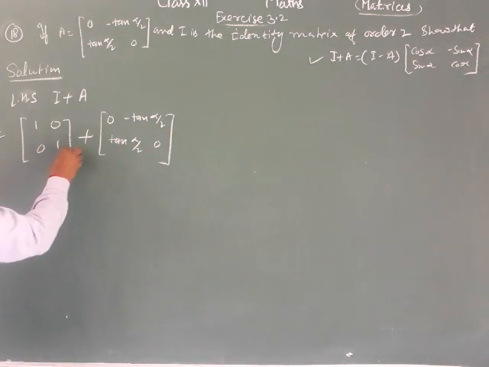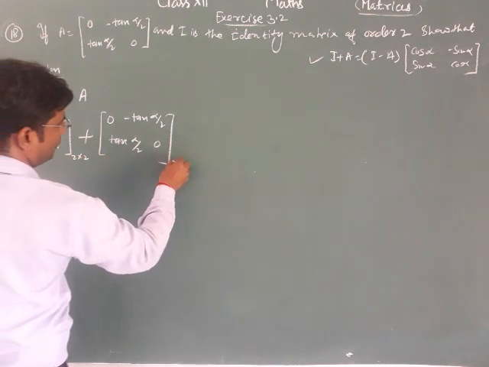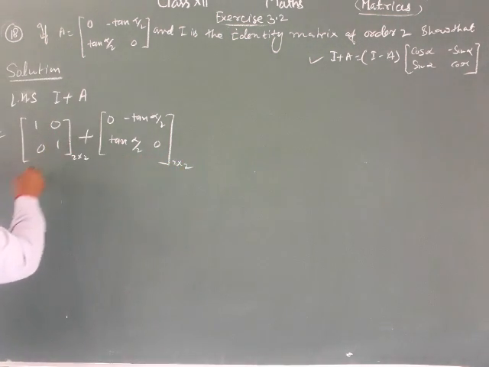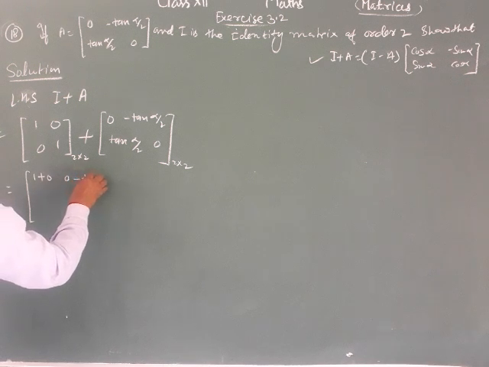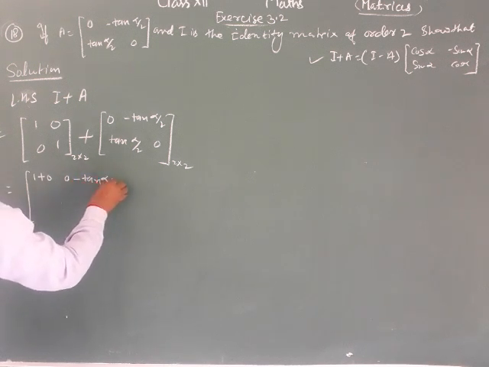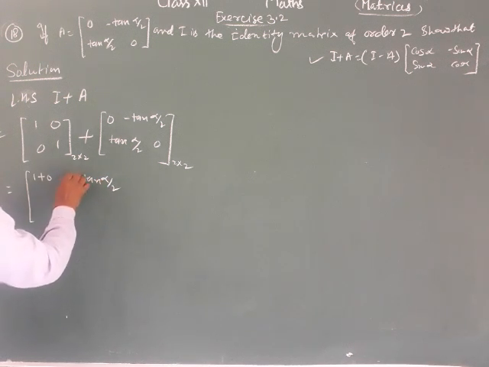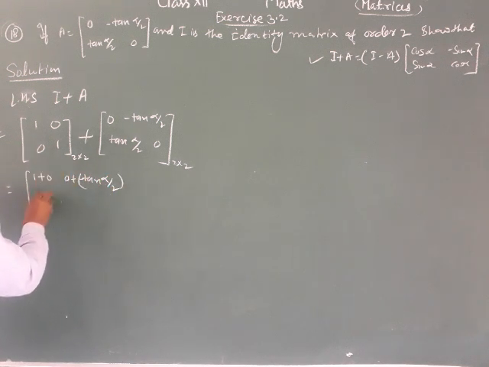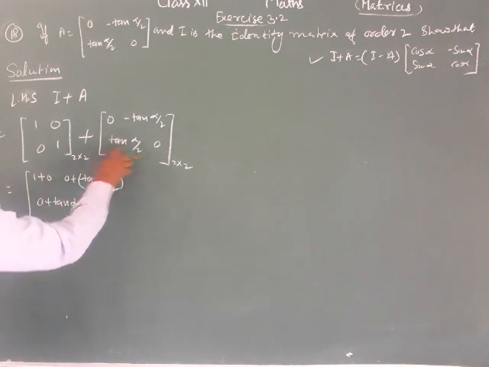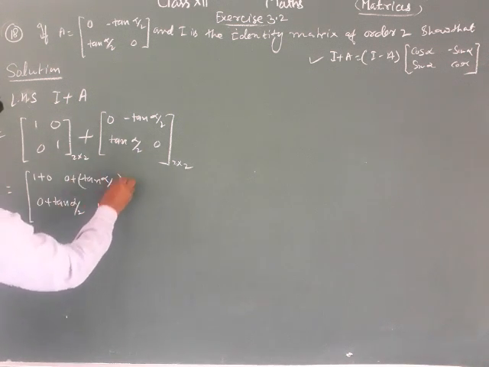So addition of a 2 by 2 matrix and a 2 by 2 matrix, so corresponding elements are added. So 1 plus 0, 1 plus 0, and 0 minus tan alpha by 2, and also 0 plus tan alpha by 2 and 1 plus 0.